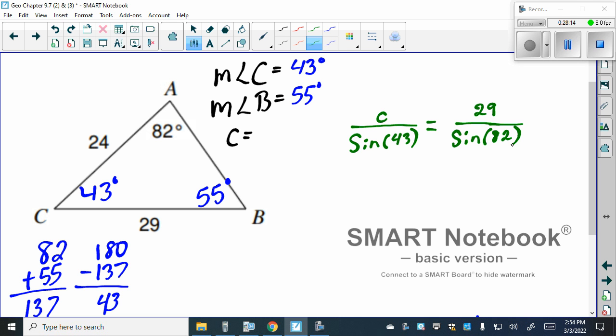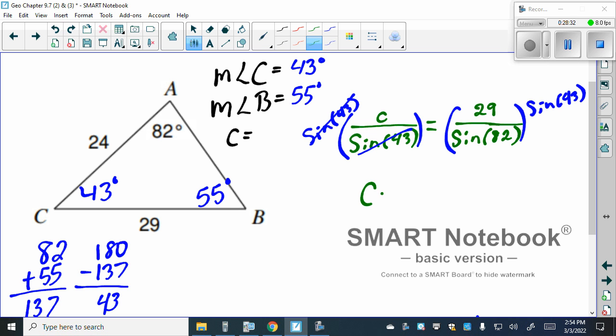So we're going to do the exact same thing we just did on the previous problem to find C. We're going to multiply both sides by sine of 43, and these here will cancel, telling us C is equal to 29 sine of 43 over sine of 82.